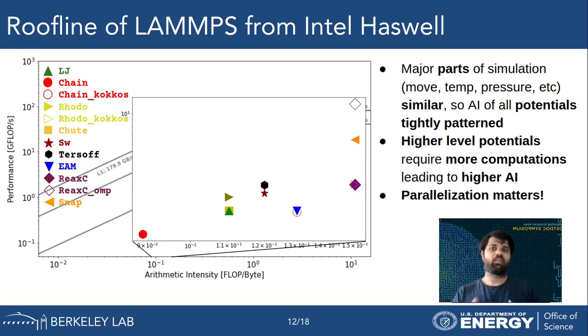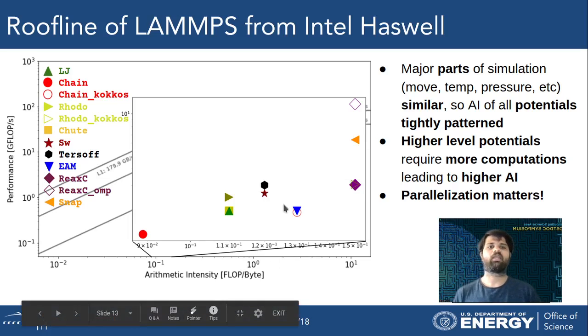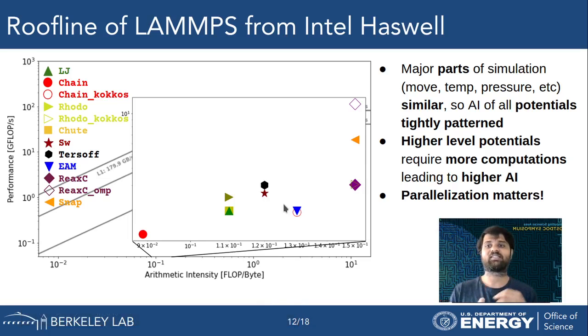So even though in terms of time steps per second, both the chain and the Rhodo simulations were slower than the Lennard-Jones potential, if the KOKKOS models were used for these two potentials, we would be making more efficient use of our compute resource. And this is the point I want to get across in this work.